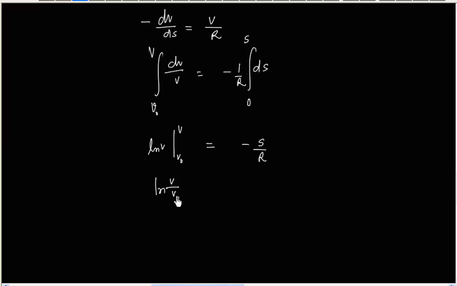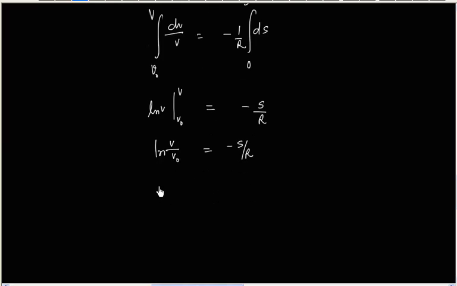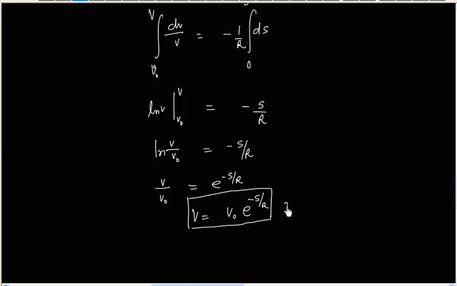So upper limit minus lower limit, that is log a by b. So from here we can calculate velocity. So v is equals to v naught e to the power minus s by r. So this is a relationship between velocity and distance.